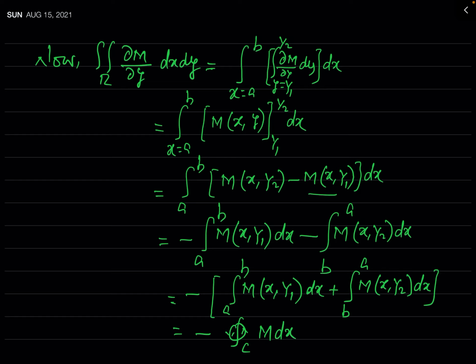So from here you can see, if you write the integral of m dx along the closed curve C, that will be simply minus of this much. So write it here. Therefore you can write the integral along C in anti-clockwise sense of m dx. What will be this?